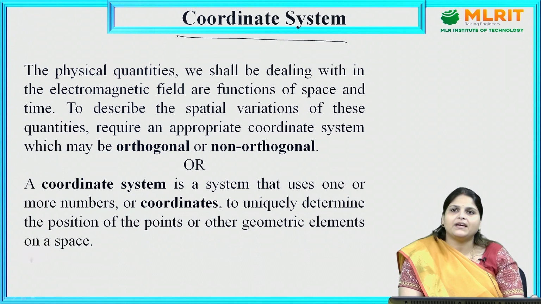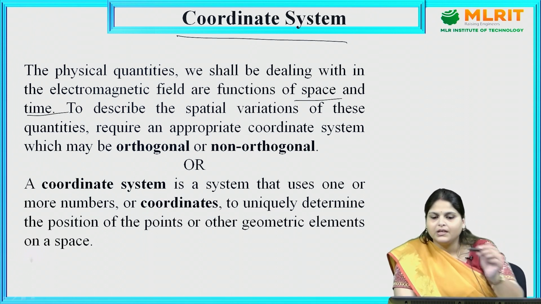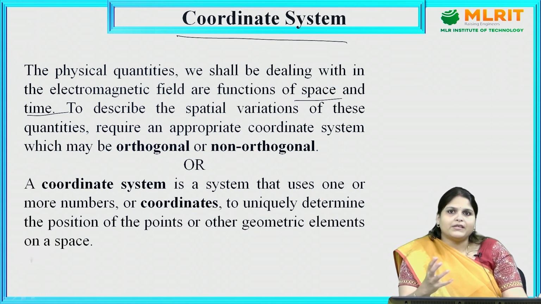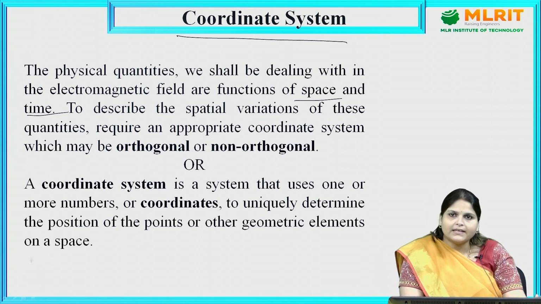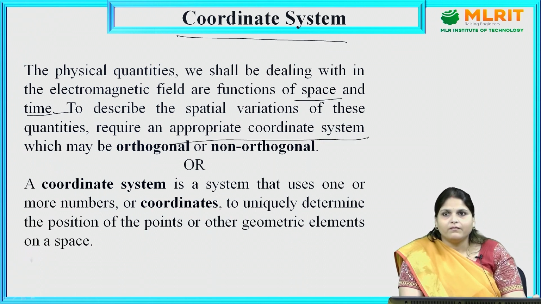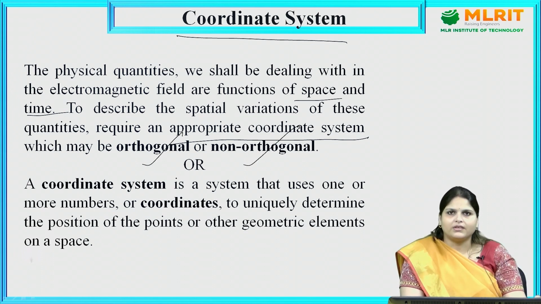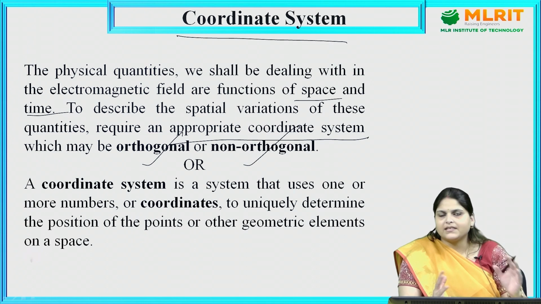You can also define it this way: the physical quantities which we shall be dealing with in electromagnetic field are functions of space and time. So to describe the spatial variation of these quantities, we require an appropriate coordinate system, which may be orthogonal or non-orthogonal.